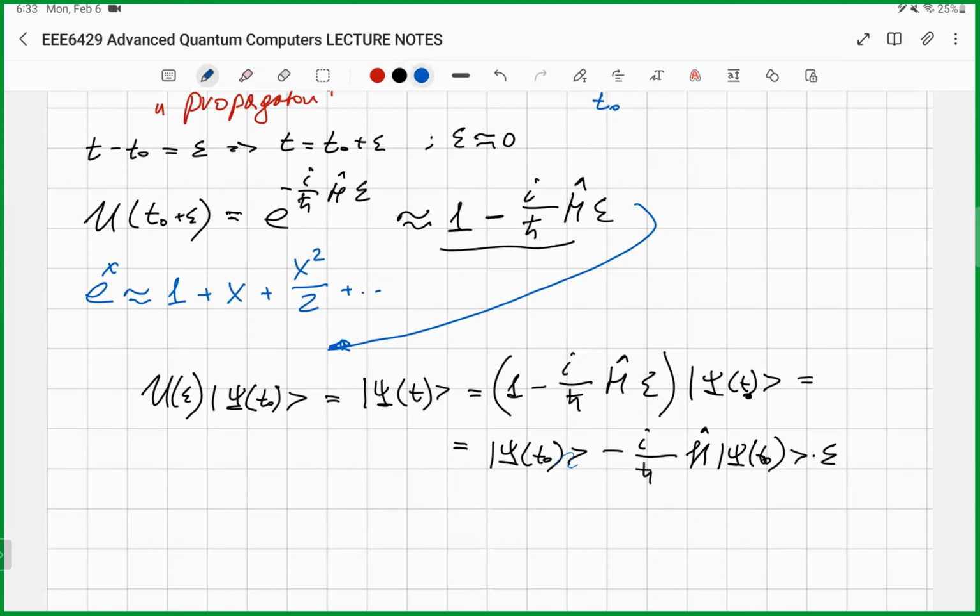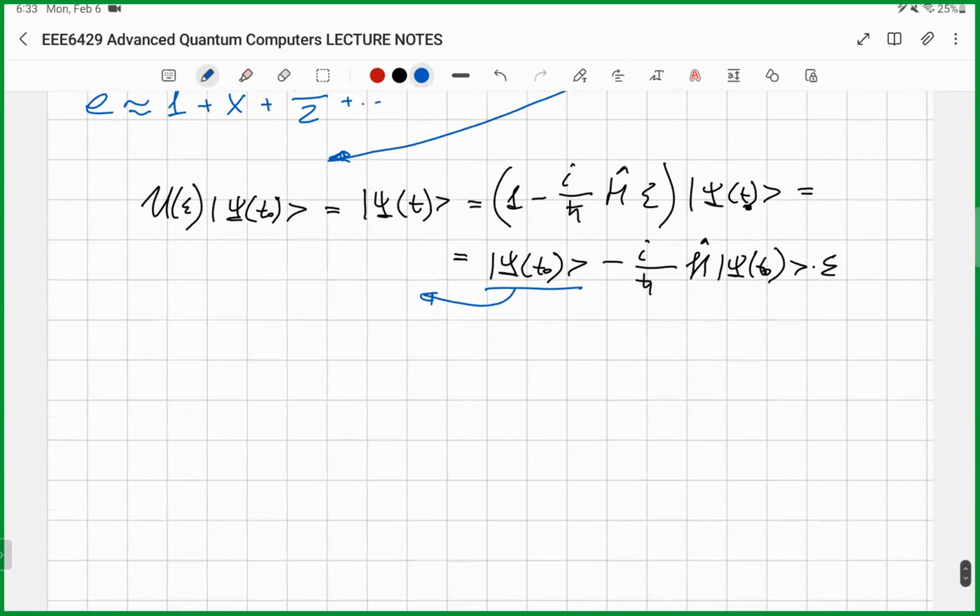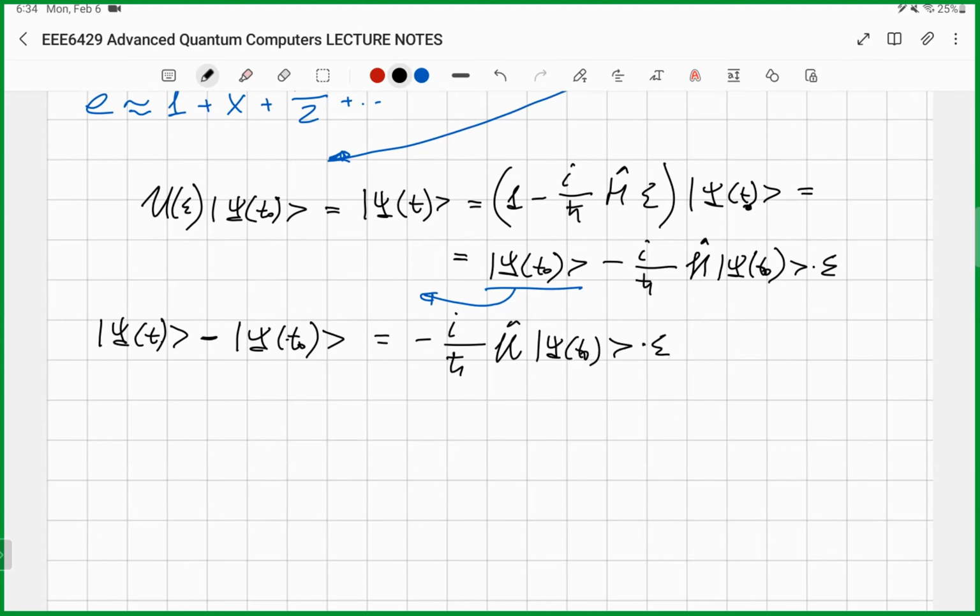So now what I do, I move this part to the left-hand side, and I'll get the following. It will be psi at the moment t minus psi at the moment t sub 0, right? And it's equal to minus i over h bar Hamiltonian psi of t sub 0 times epsilon.